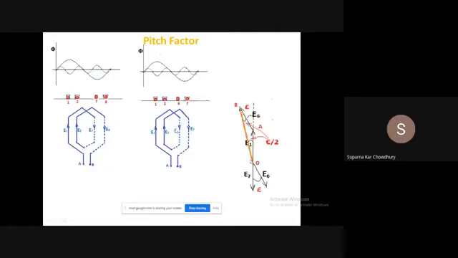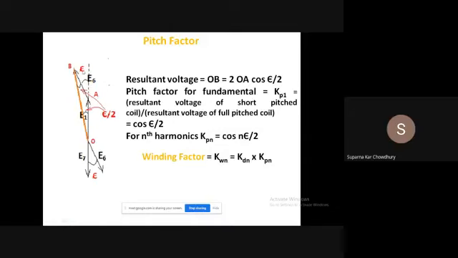So from here, we can see in this figure that the ratio of the resultant voltage of the short pitch coil and the resultant voltage of the full pitch coil, which we have derived earlier, will be cos gamma by 2, here I have shown this as epsilon, so cos epsilon by 2.